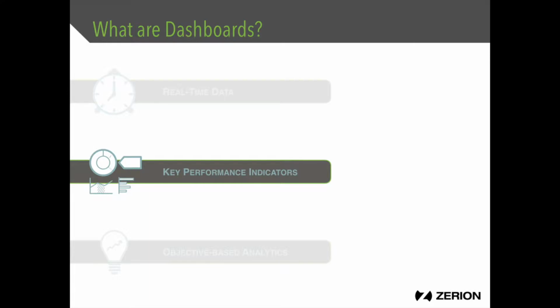Next is key performance indicators. We want to have these on our dashboards because we really want to be able to see what our metrics are that we're trying to hit, whether it's a number of inspections per month or sales goals or whatever these are. These really want to be on your dashboard, front and center for people to see in the most easy way possible.